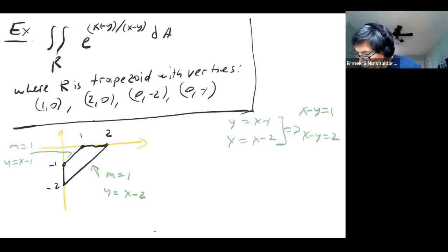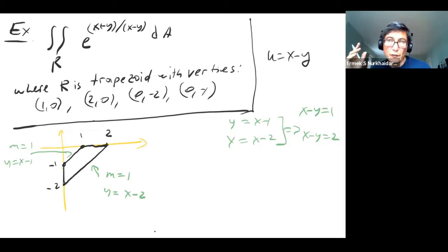So if I do that, my first one is going to be v equals x minus y. The second one will come from my function, because if I look inside the integral, I see x plus y. That suggests I want one of them to be x plus y.